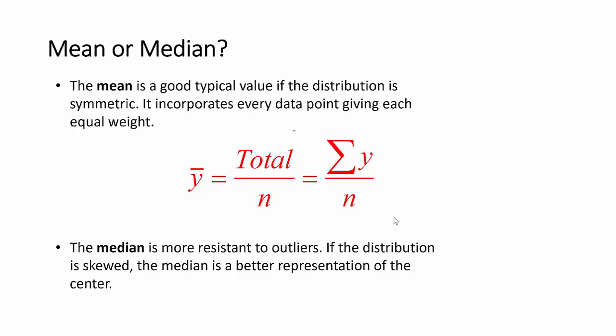The downside to the median is that it doesn't matter what the values actually are, right? So a mean, we're actually using the values themselves, adding them up, dividing by something. The median is just, think of crossing them off. They didn't even matter what they were, right? So they're very, very different ways of getting towards a typical value, which is why the distribution really matters when you're deciding between the two of these.